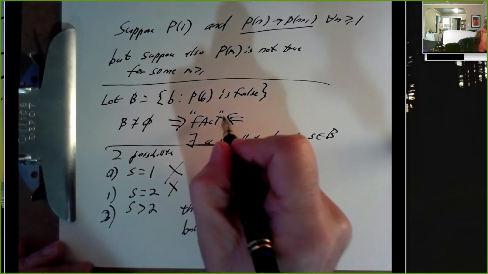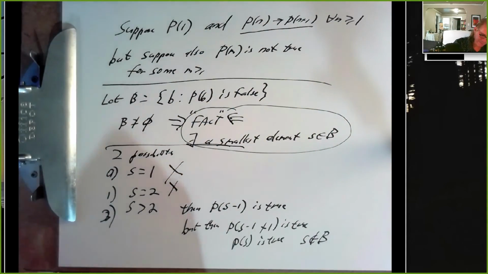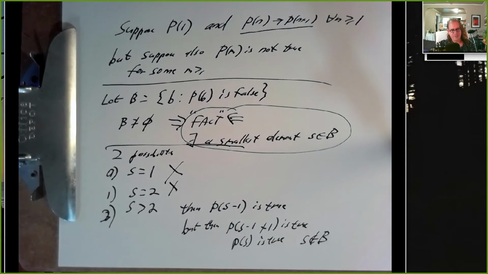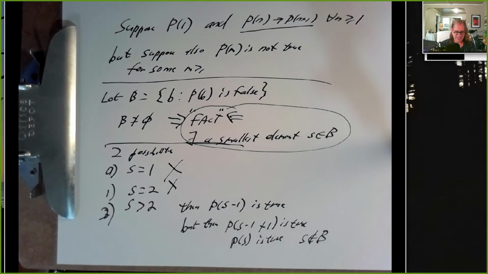But let me just take one moment and take a look at this. I call this a fact, but I put it in quotation marks. It's not actually a fact in the guaranteed-to-be-true kind of way that we like to use the word fact. What this really is, is an axiom. It's called the axiom of well-ordering, or the well-ordering axiom.